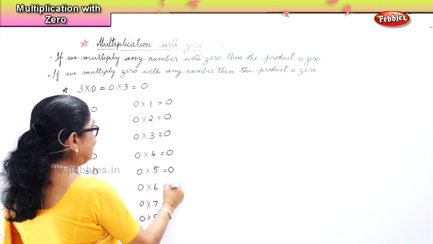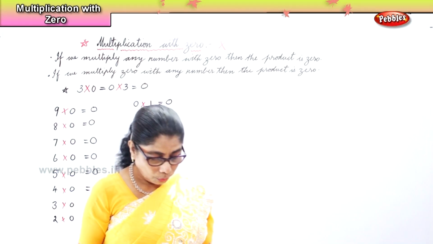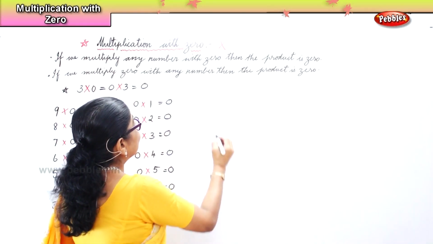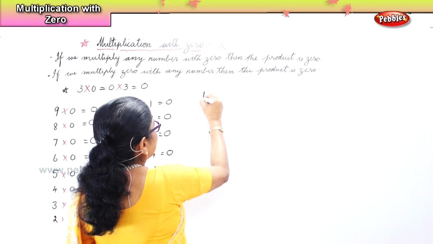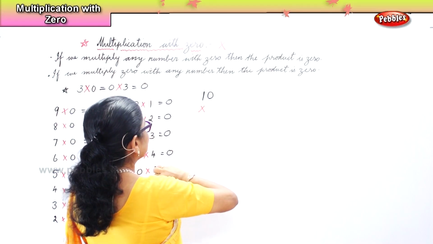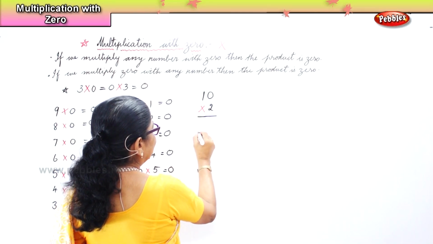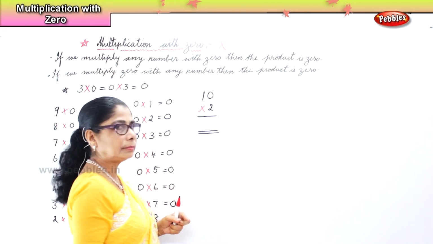This is single digit. Now let's take double digit. Okay, now supposing it is 10 into 2.